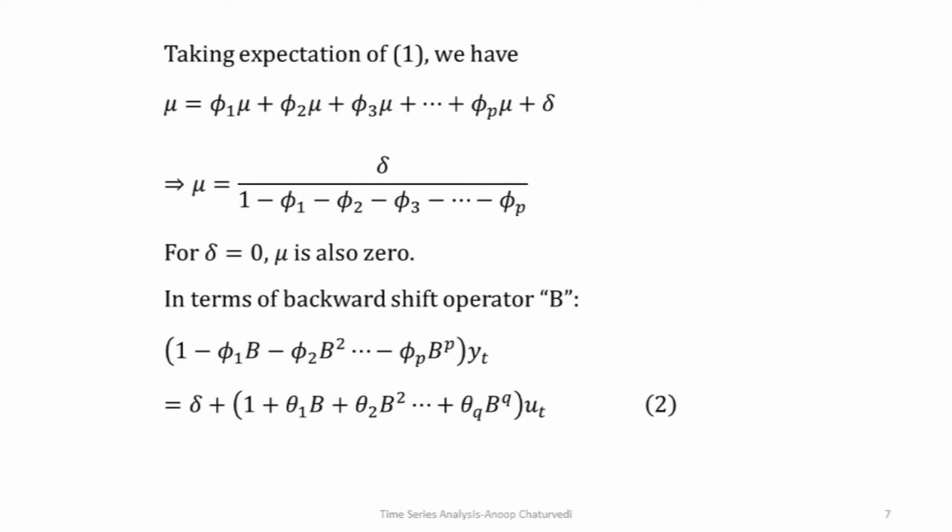Now, in terms of the backward shift operator, suppose you collect all the terms involving y on the left hand side and all the terms involving u on the right hand side, then you have 1 minus phi 1 B minus phi 2 B square, so on, minus phi p B to the power p, y t is equal to, on the right hand side, delta plus 1 plus theta 1 B plus theta 2 B square and so on, plus theta q B to the power q, u t.